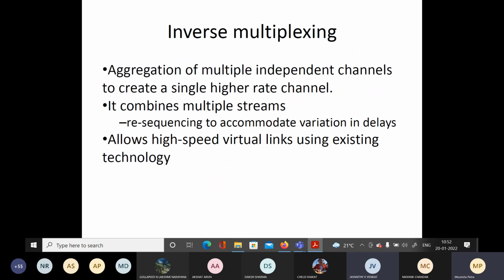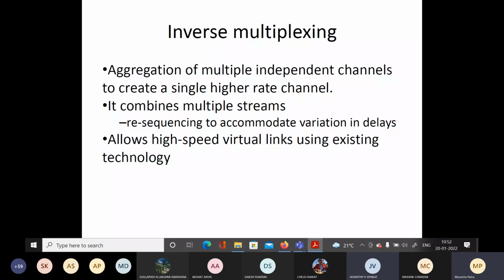Now next we get to inverse multiplexing. So what happens in the case of inverse multiplexing? What did we see in multiplexing? That there are multiple input ports which are pushing data into the multiplexer, which at the output gives a single sample.